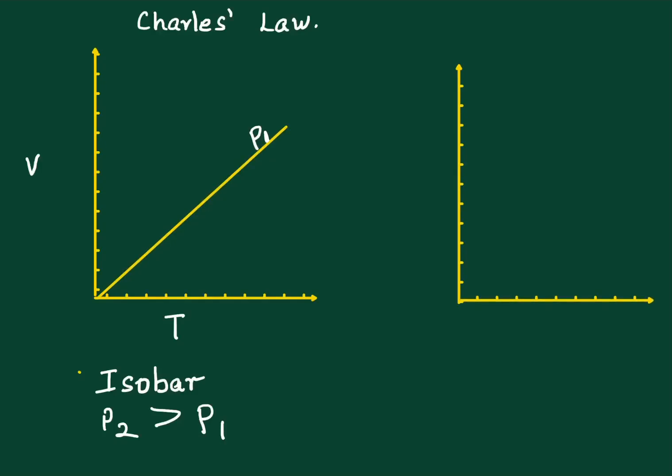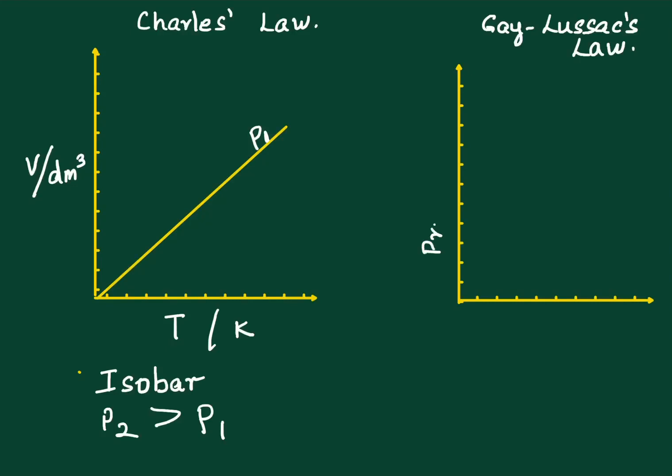Now that you know the graph for Charles' law, yes, everything, all the details have to be marked over here. Would you like to draw the graph for Gay-Lussac's law? Which is also written as the pressure law in some cases.